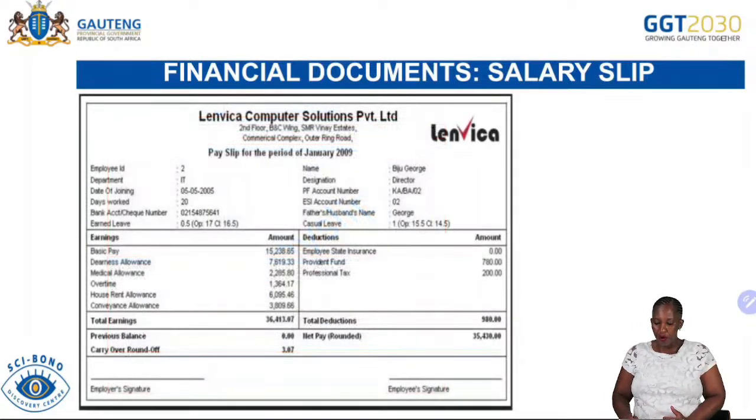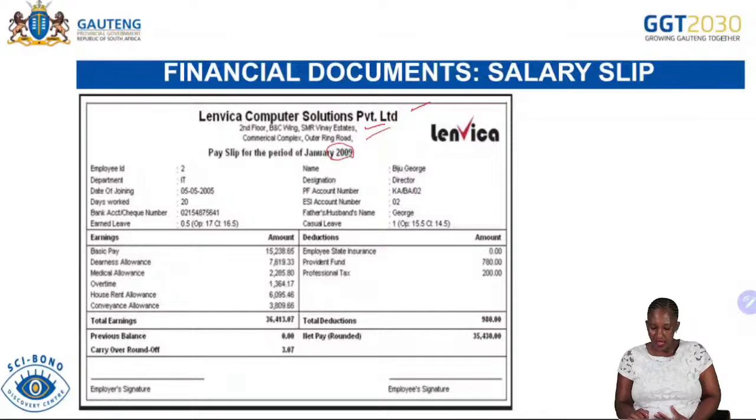Here's another example of a salary slip. Your teacher will give you this PowerPoint presentation, the slides, and then you'll be able to go through this salary slip again. I've just given you two types of salary slips so that you can see. This one is Lemvika Computer Solutions, with their address, where this person works, and it's a pay slip for January 2009, employee ID 2, the department is IT, and the start date is 2005.